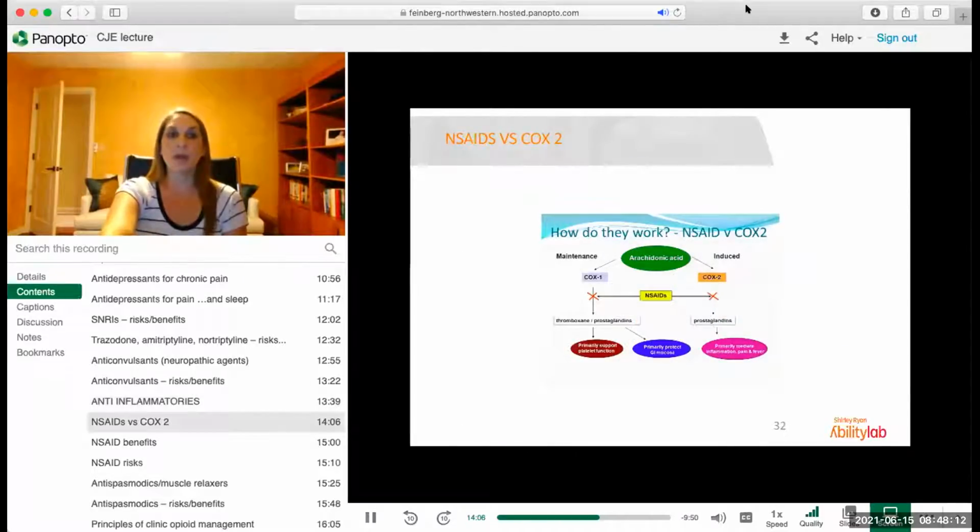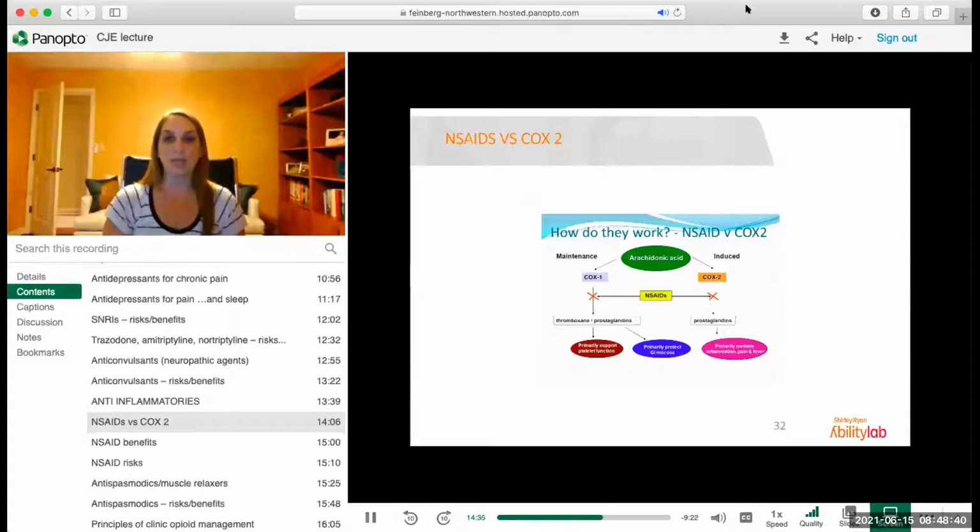You can think of your non-steroidal anti-inflammatories, and then also people will say COX-2s. Anti-inflammatories work by blocking COX-1 and/or COX-2 from the arachidonic acid stage, where it forms thromboxane and prostaglandins. The COX-2 inhibitors just block the COX-2 pathway, whereas the NSAIDs block both pathways.